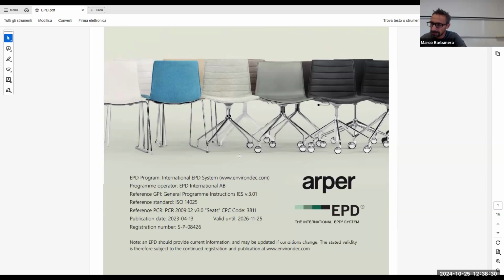This website is the reference website for this certification scheme managed by the Swedish organization. Instead, for the EPD Italy, you have another website, obviously, and in that case you can find all environmental product declarations certified by the Italian scheme.